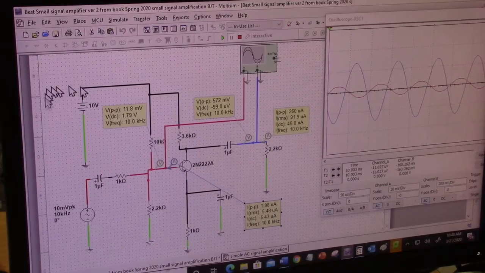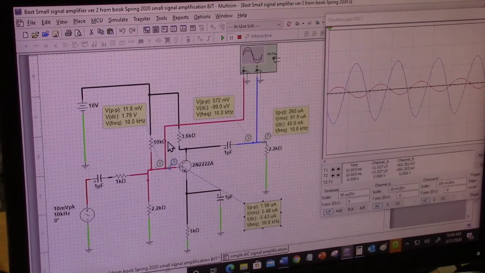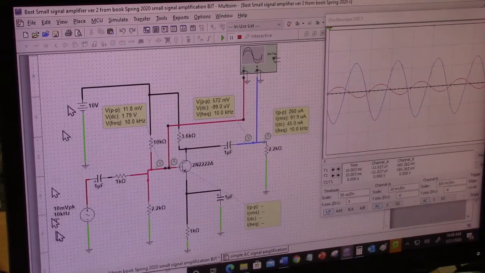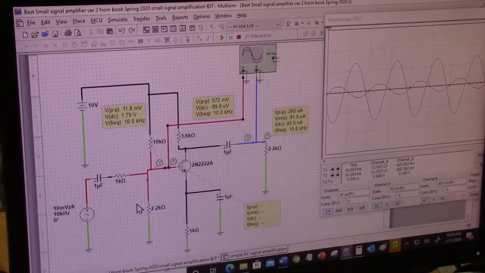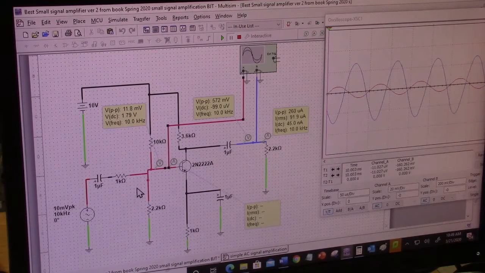I have this, but it is fed through a 10 kilo ohm resistor, so it's not like it forward biases it all the time. But then I have a forward bias from here also. So the combination of the two is what makes it conduct during both waveforms. Now, this transistor would have conducted during the positive going waveform anyway because of this, but during the negative going waveform, it has this part to make it conduct.